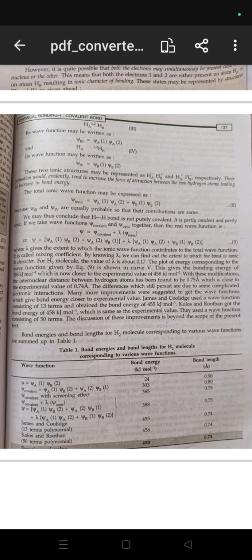They used a wave function consisting of 50 terms. This discussion of the arrangement is beyond the scope of the present text. Bond energies and bond lengths of the H2 molecule corresponding to the various wave equations are summed up in Table 1.